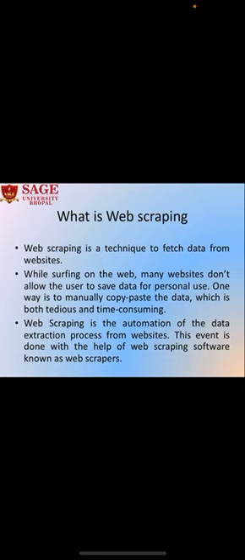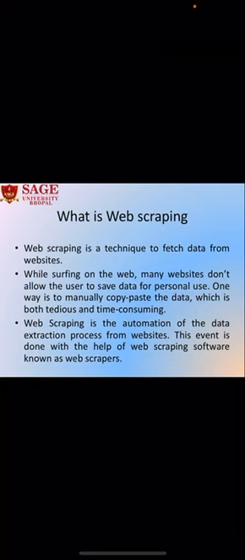So, let's get started. Web scraping is a technique to fetch data from websites. While surfing on the web, many websites don't allow the user to save data for personal use. One way is to manually copy-paste the data, which is, of course, tedious and time-consuming.